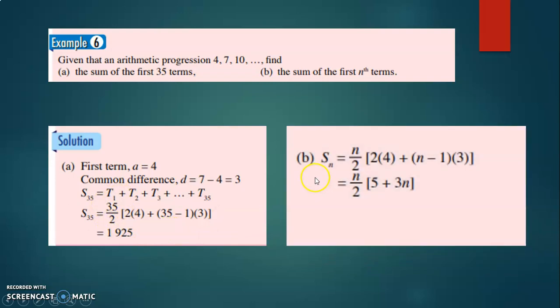Alright, Sn equals to sum of the nth terms，就是 n over 2，只是要写一个 generalization about this Sn 是什么。So 2A 咯，A 是 4咯，D replace with 3咯，then you simplify, this is the Sn 咯，for this AP the Sn can be simplified as this.